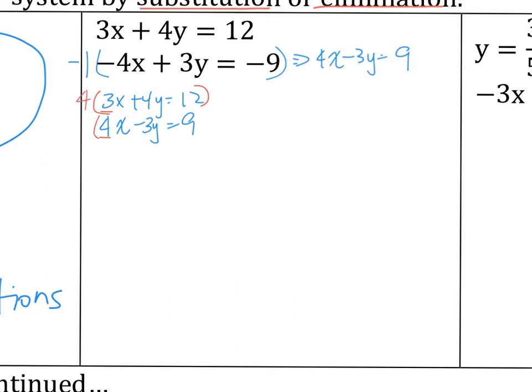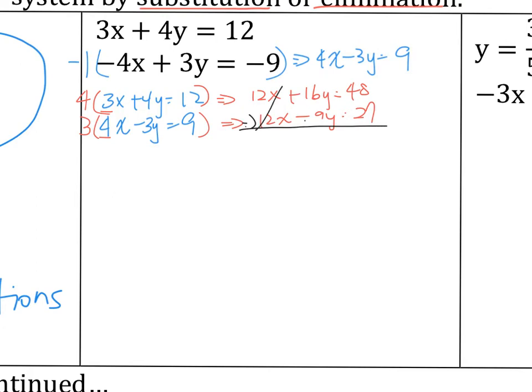So 4 for the first equation and 3 for the second. So this will be 12x plus 16y equal to 48. And this will be 12x minus 9y equal to 27. And I'm going to choose to subtract so I can eliminate 12x.